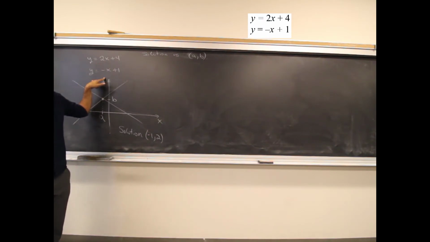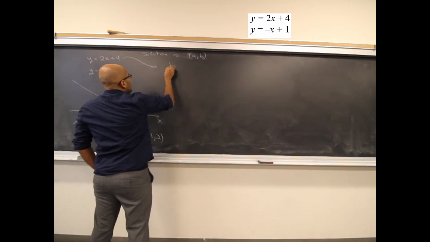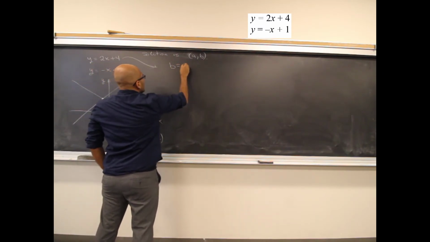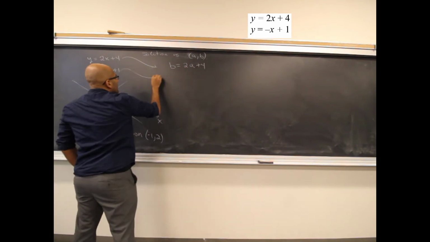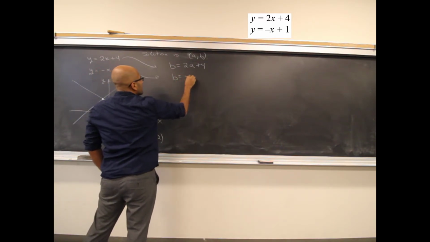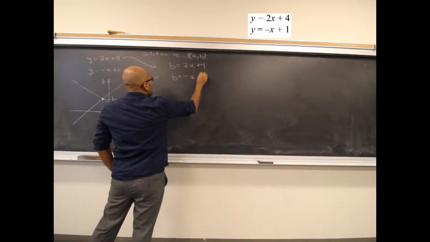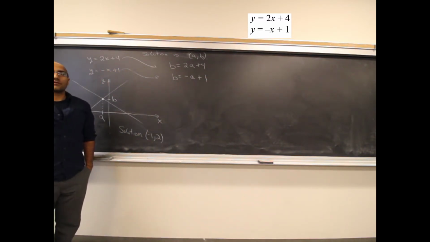That's what it means for it to be a solution. So from the first one, I'll get that B is equal to 2 times A plus 4. And from this one, I'll get that B is equal to negative A plus 1. Is that okay? Questions?